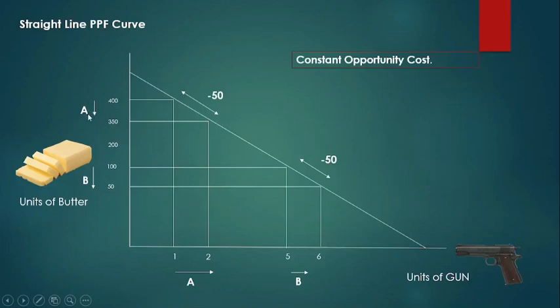First of all, we also added two trade-offs, A and B. At trade-off A, we can see that if the producer wants to produce an extra unit of gun from 1 to 2, the producer has to sacrifice 50 units of butter. And at point B, if the producer wants to go from 5 to 6, then he has to sacrifice 50 units of butter. So in both trade-offs, we can see that the opportunity cost is the same, and that is why the straight line PPF curve is said to have constant opportunity cost.